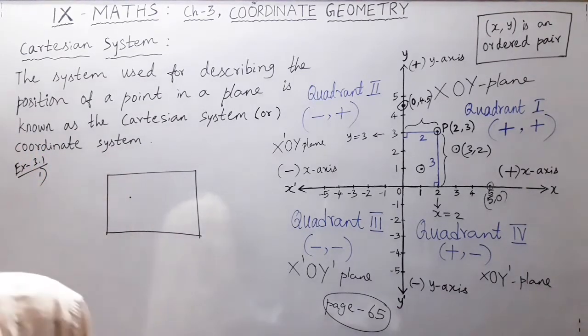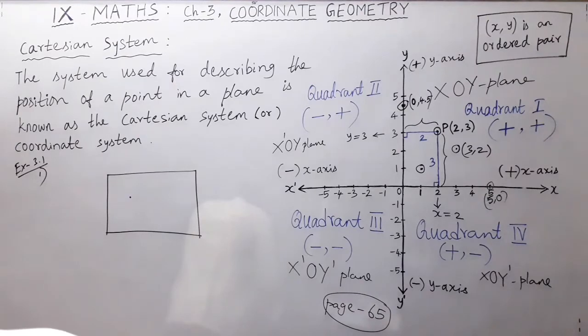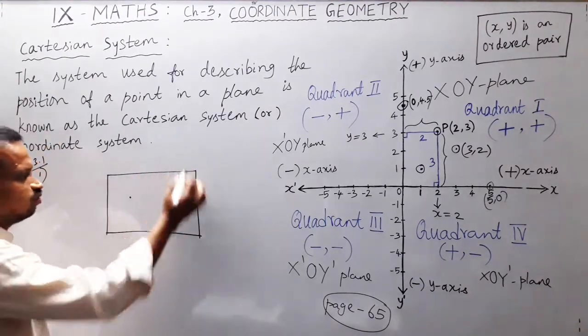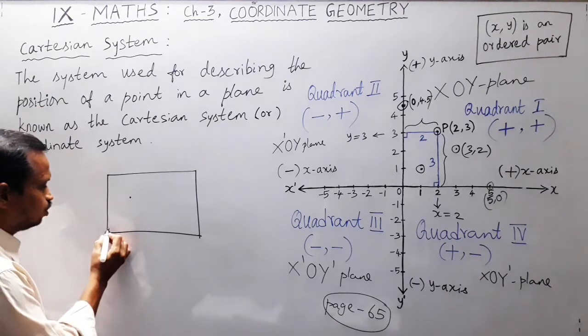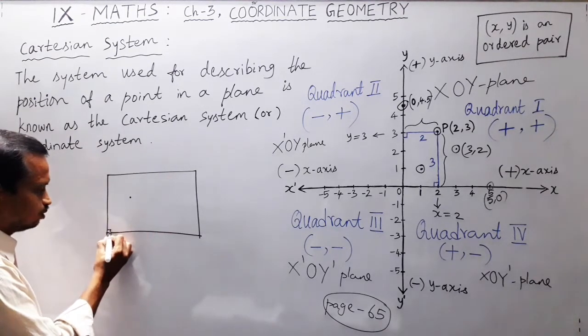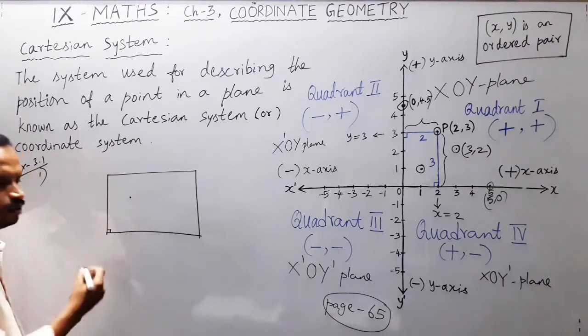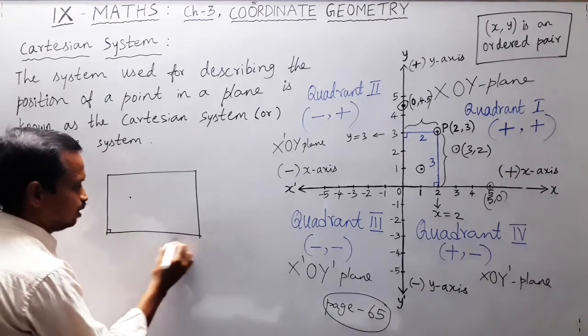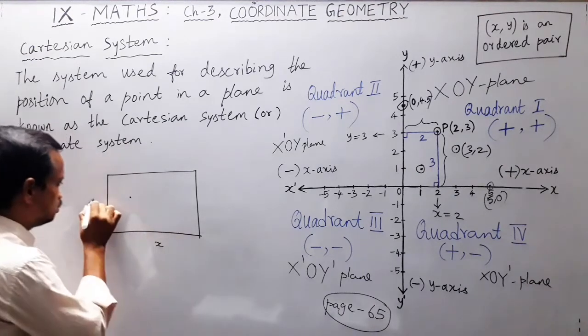Because they are asking how will you describe the position of your table lamp on your study table to another person. So you can take one edge, 4 edges are there. You know everything is horizontal and vertical only, perpendicular. So the long one you can take as x axis. This is x and this is y.